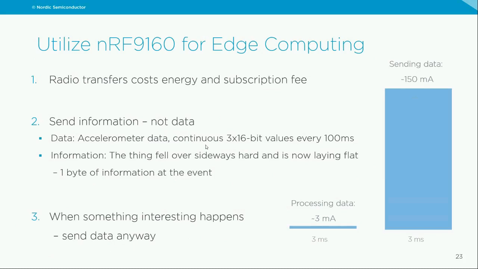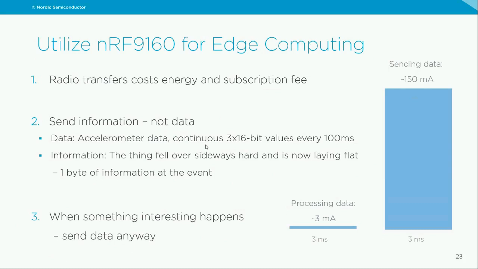So the accelerometer will typically send out very, very limited data if there is no movement, and it will send a lot of data when there is a rapid movement and the device is falling over. But there could be windows of values that are interesting to send if the accelerometer is suddenly starting to send data indicating that there is some type of movement, but you can't really understand why.